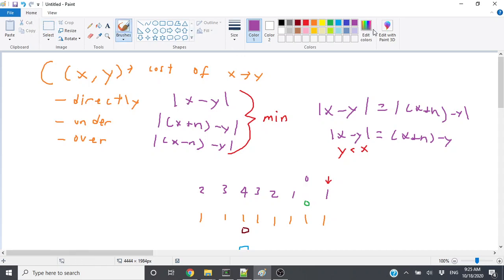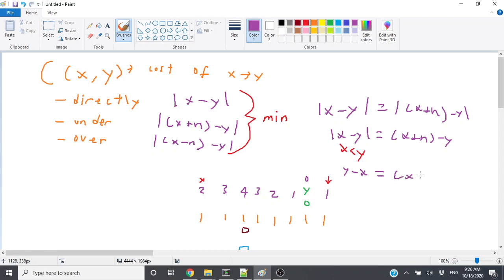Sorry, y I guess is the ending point, and then x is the starting point, and then we shift x over by n, for example, here. That makes more sense. So then we assume that x is less than y, otherwise the whole thing will cancel out and we get 0 equals n, which doesn't make sense. So because x is less than y, y minus x is going to be the positive one.